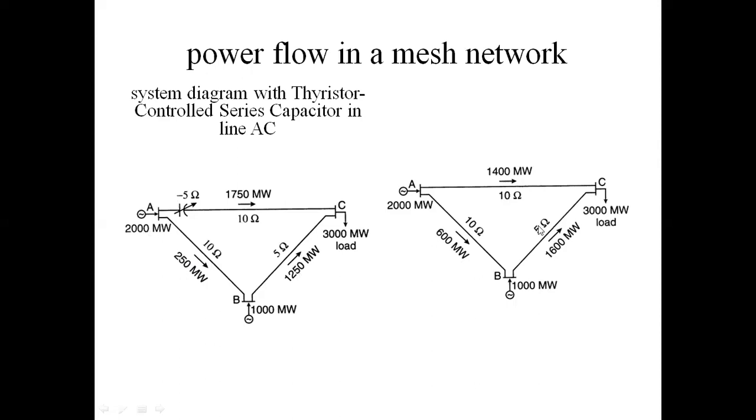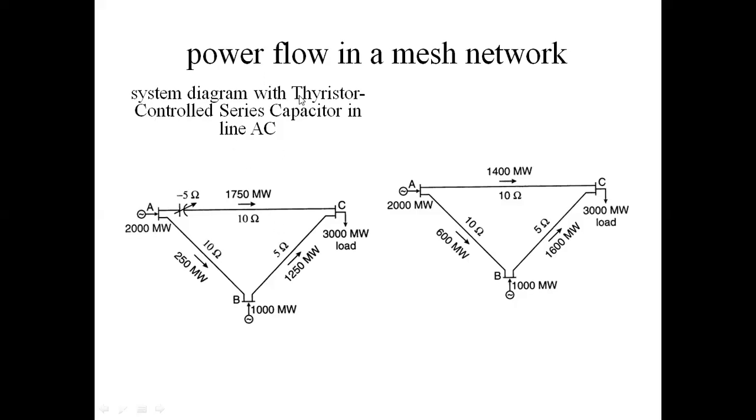Previously it was overloaded. These are example values, not practical values. With this 5 ohms added, the line is now at 1250 and the circuit is not overloaded.